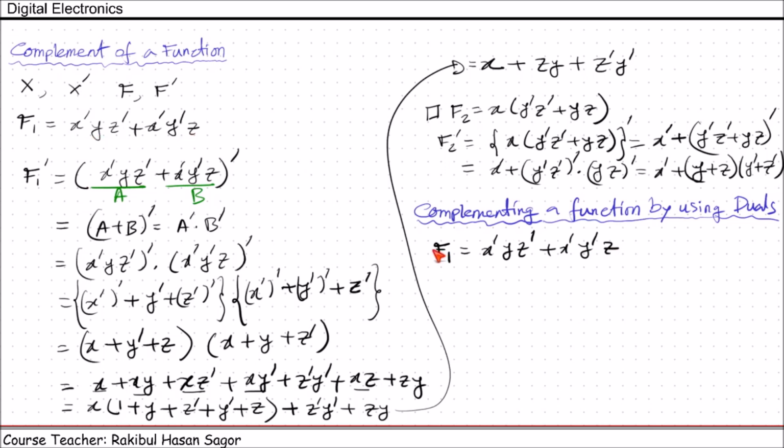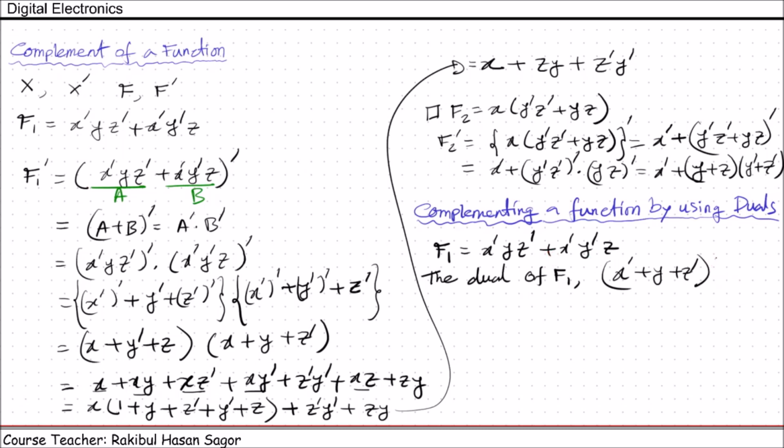First of all, you need to take the dual of this function. So if you take the dual of f1, that will give you x prime plus y plus z prime. All the ANDs will be converted to OR, and all the ORs will be converted to AND.